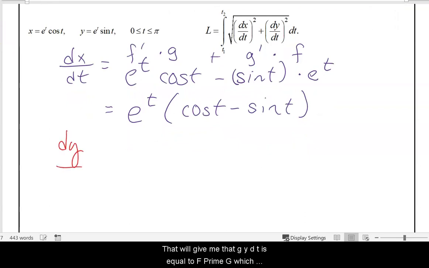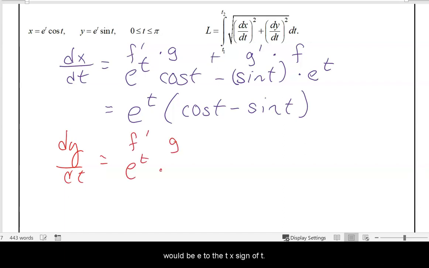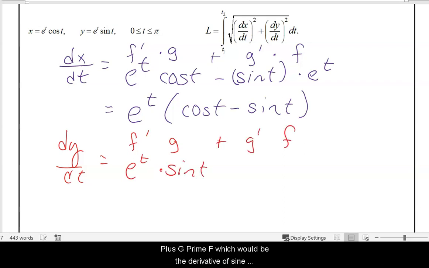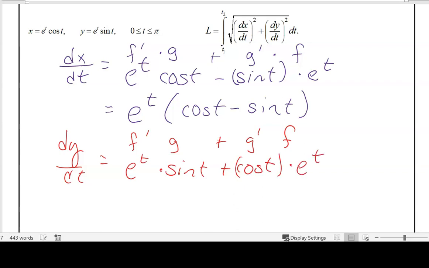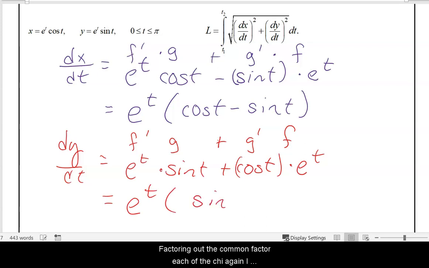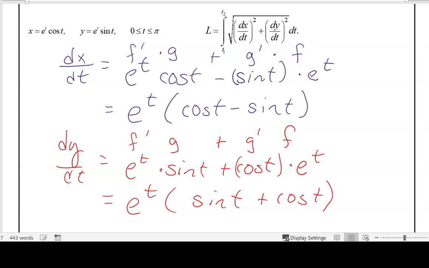That will give me that dy dt is equal to f prime g, which would be e to the t times sine of t, plus g prime f, which would be the derivative of sine, which is cosine, times the first function, e to the t. Factoring out the common factor e to the t again, I am left with sine t plus cosine t in parentheses. Now to apply the formula, I need to square each one of these.